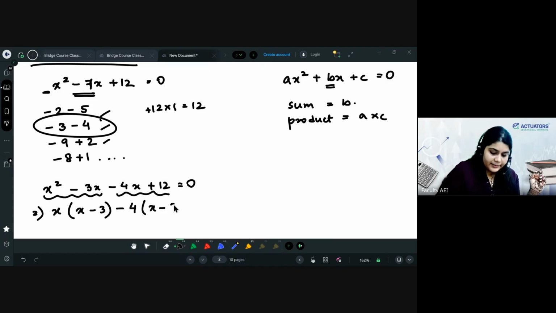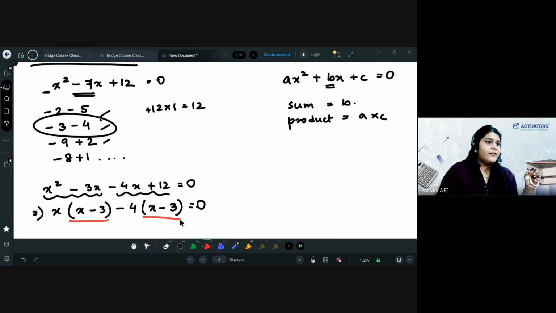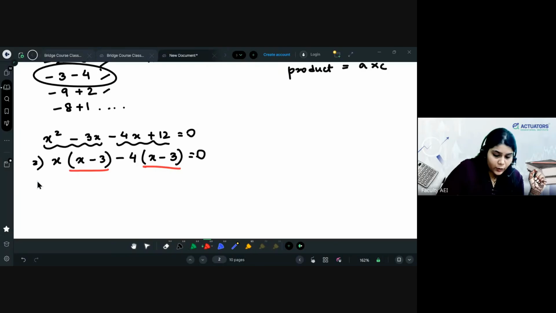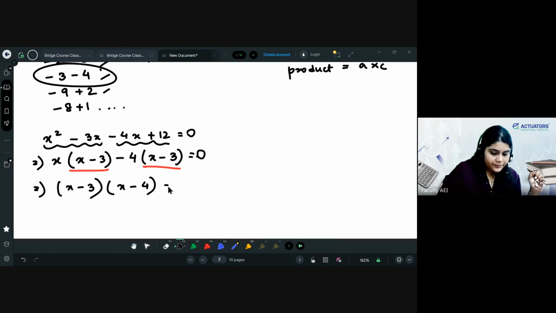So we'll have x minus 3. The aim is that whatever we are leaving inside the bracket needs to be the same. Why does it need to be the same? So that from this overall thing, now we are going to take x minus 3 common. And we'll be left with x minus 4. Understood?